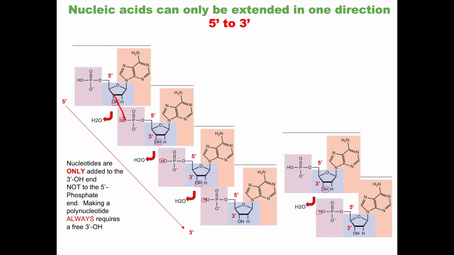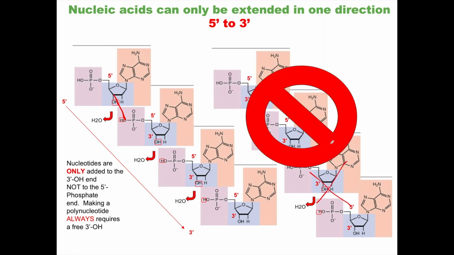Okay, but this does not happen in nature. So therefore, a nucleic acid, whether it's RNA or DNA, never grows from the 5' phosphate end. You always need a free 3' hydroxyl that's already there, to which you can bring in a nucleotide and add to the growing DNA. Very important to understand and remember this.